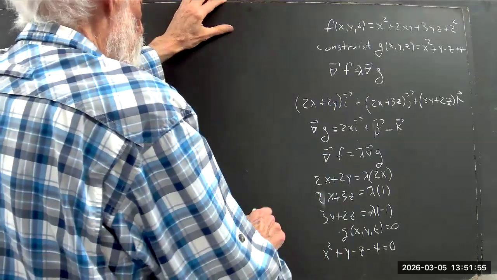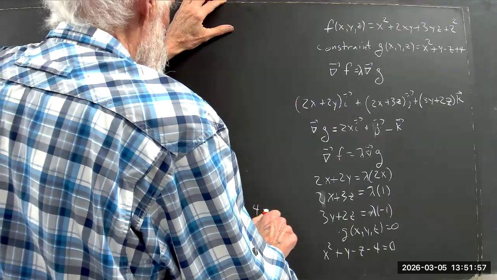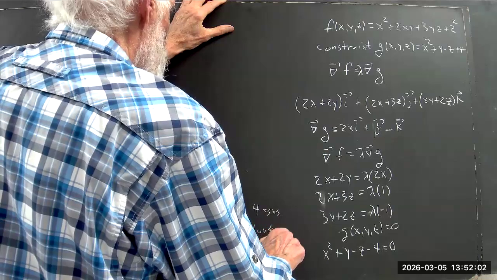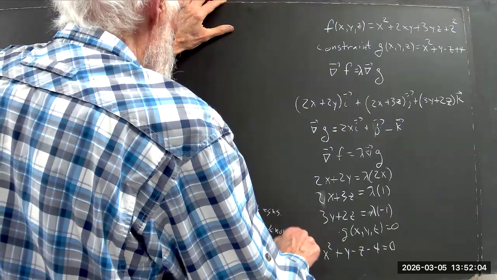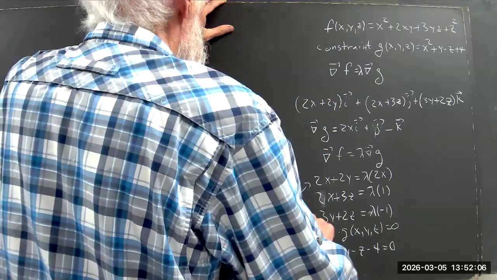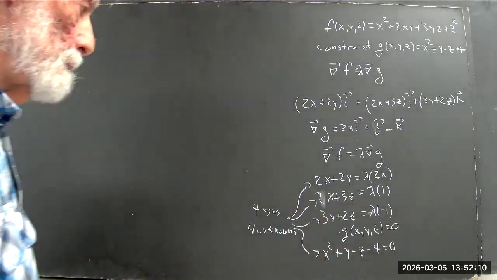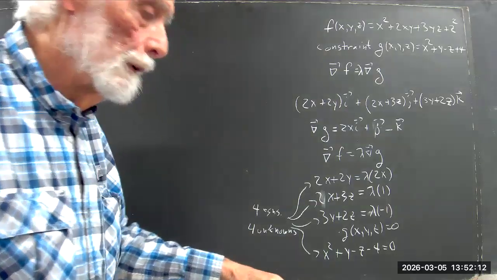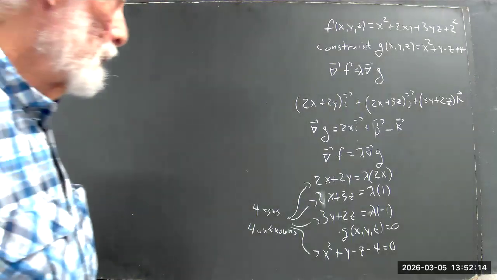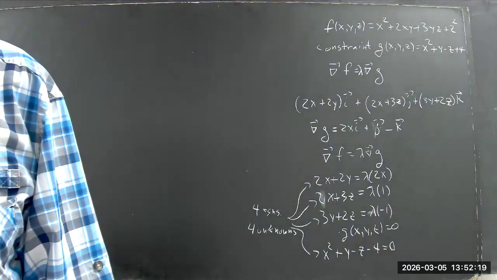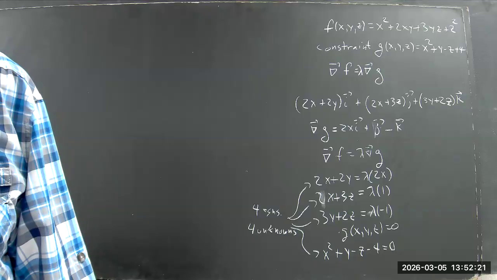There are 4 equations, and they're pretty easy to solve. I mean, these equations are all linear except for this one.